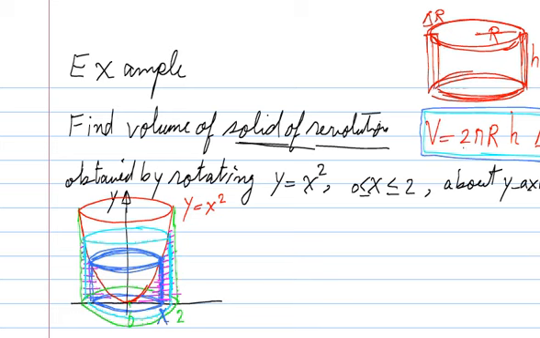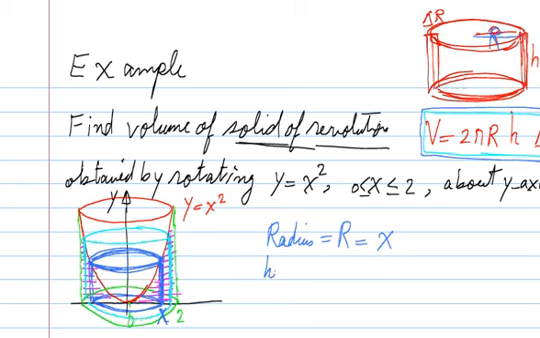What are the ingredients? 2 pi, that's a fixed number, times r, that's the radius of the cylinder. What is the radius here? The radius is the distance of this point from the center of rotation. In this case, the radius is just x.